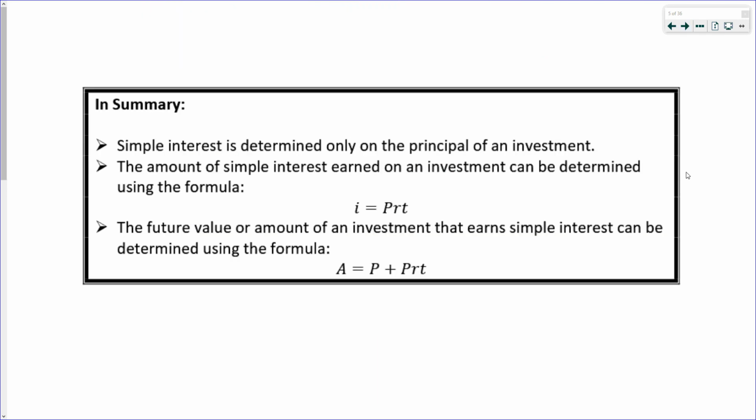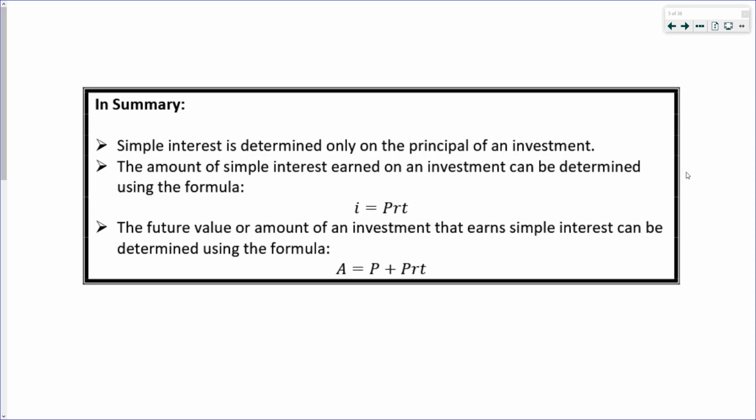So in summary, simple interest is determined only on the principal of an investment. So you always go back to the beginning. The amount of simple interest earned on an investment can be determined using the formula I is equal to PRT, where I is the interest, P is your principal, R is the interest rate, and T is the term, the number of years.